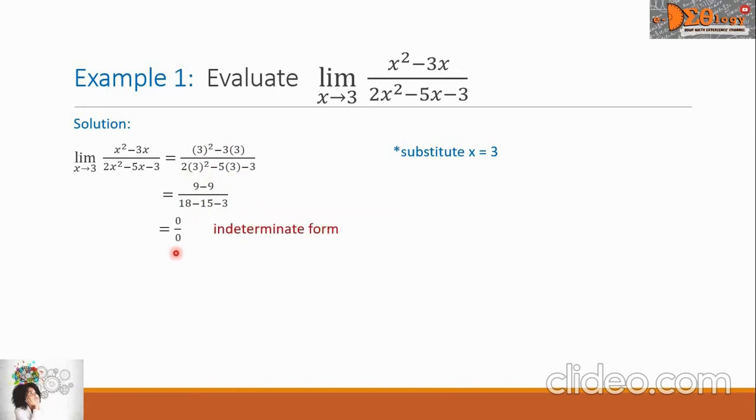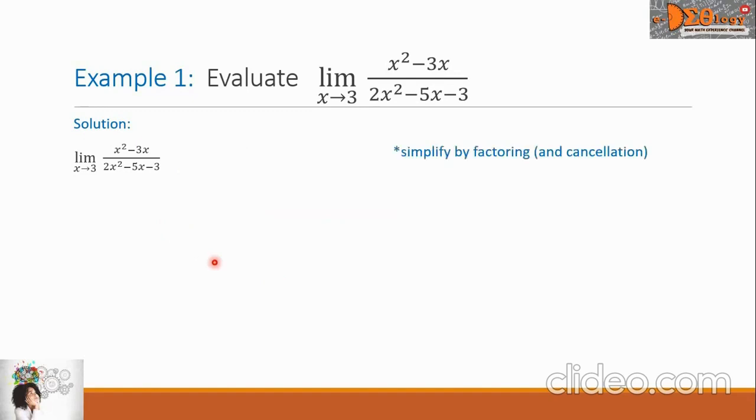This form here is what we call indeterminate form. We do not accept this as an answer. We will do another method, and that is we're going to simplify first this function by factoring, and afterwards we will check for some possible cancellation.